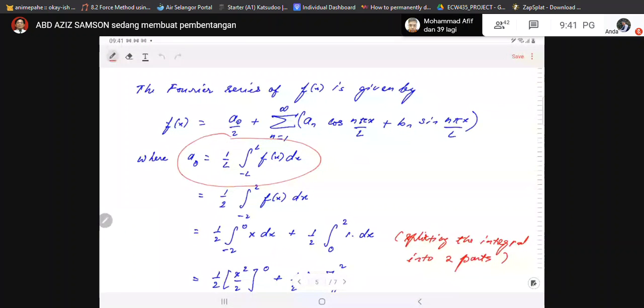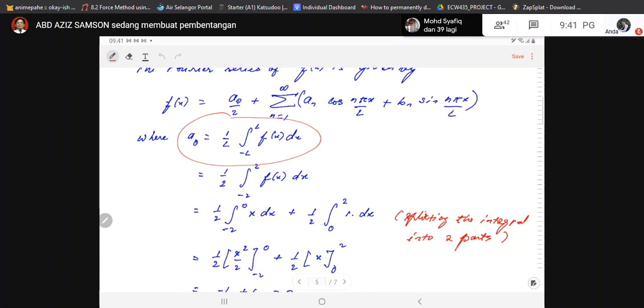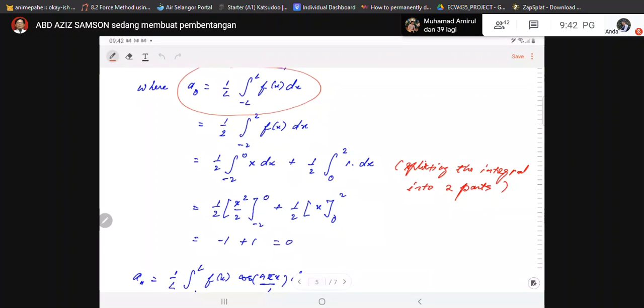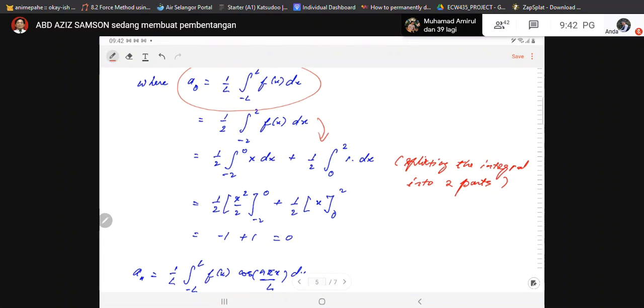So in this case, we just substitute L equals 2 into the formula. So it's a half times the integral from -2 to 2 of f(x) dx. Now when it comes to this, remember we have to split the integral into 2 parts.